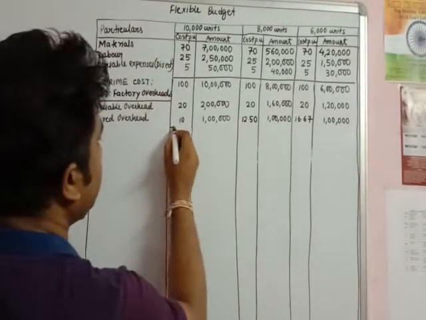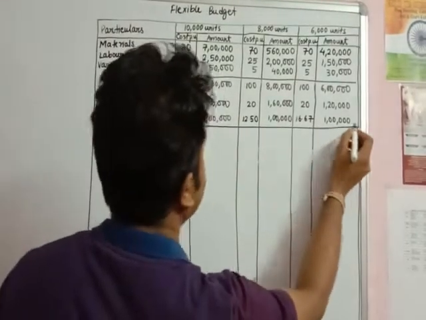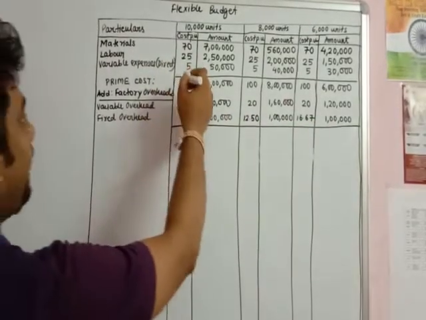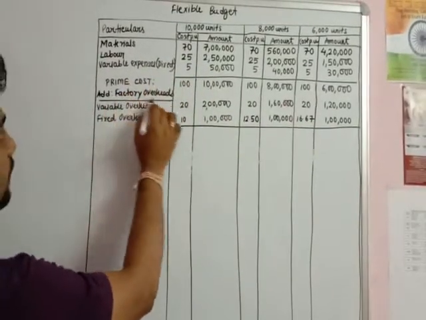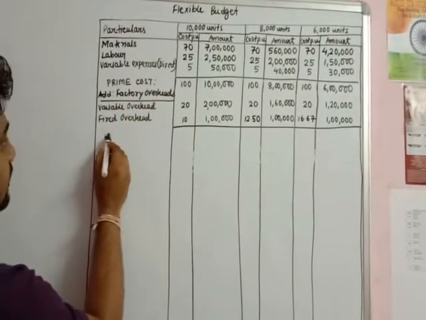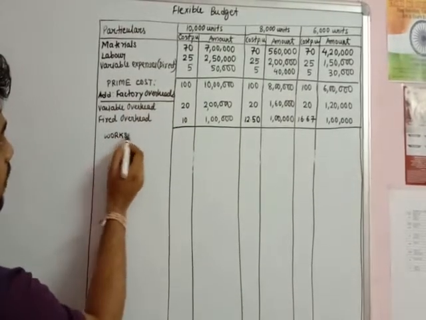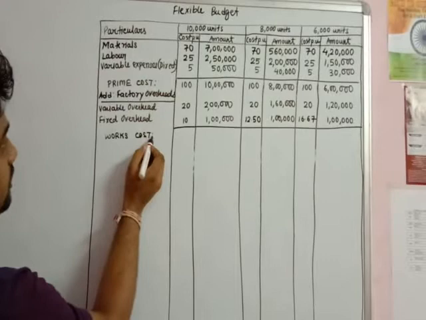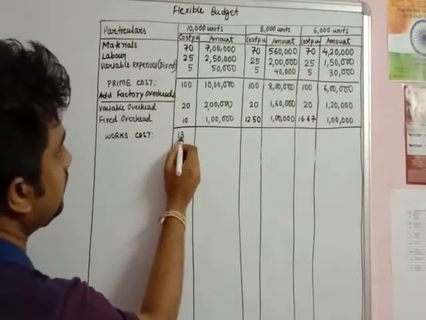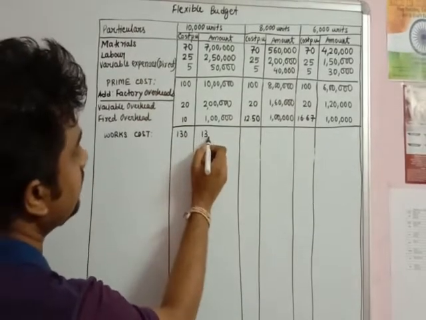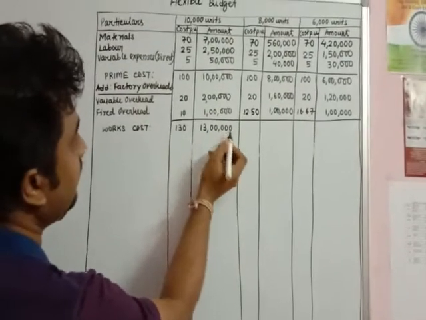Okay, so now you will calculate. These are the overheads. So if you add the factory overheads with the prime cost, what you get is the works cost. Now it is 130, here it is 13 lakh.